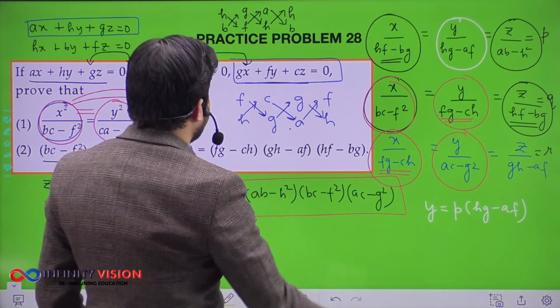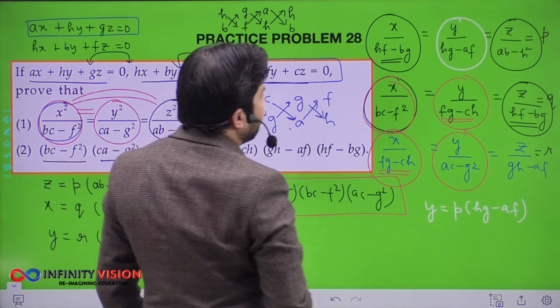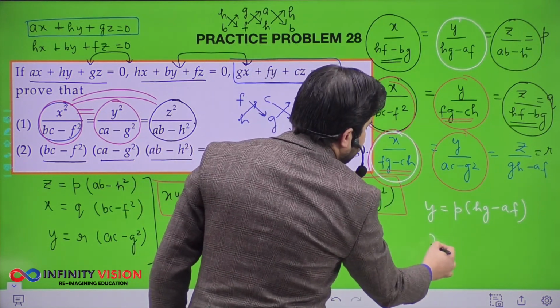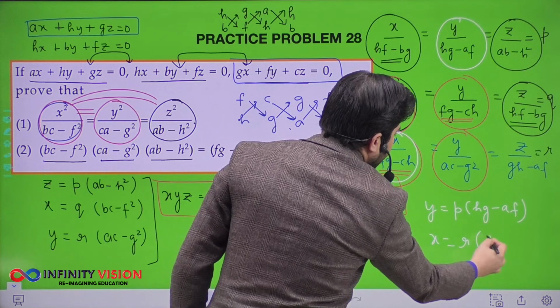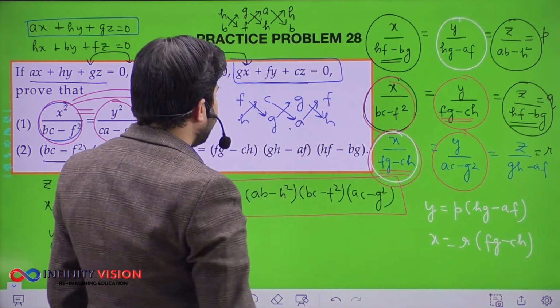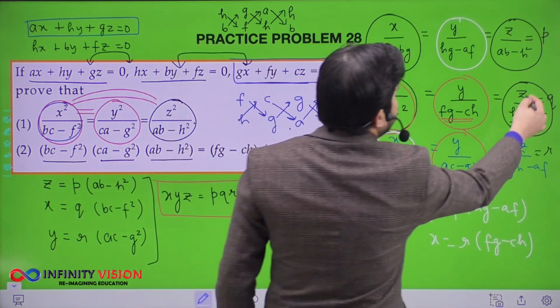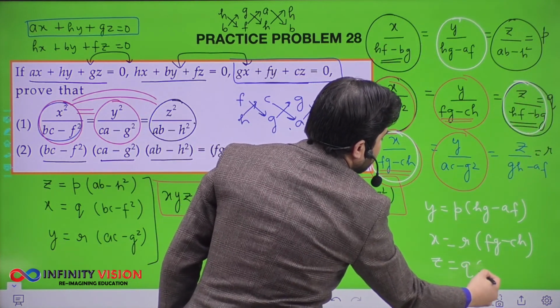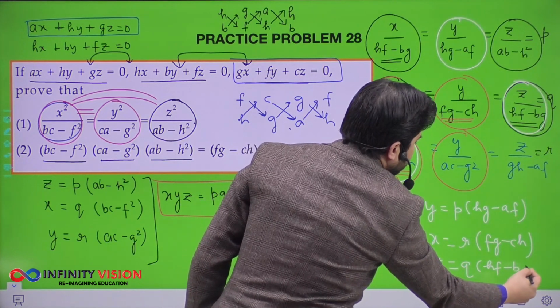And for x I want fg minus ch, so I take this and I write x is equal to r into fg minus ch. And for z I take this and I write z is q into hf minus bg.